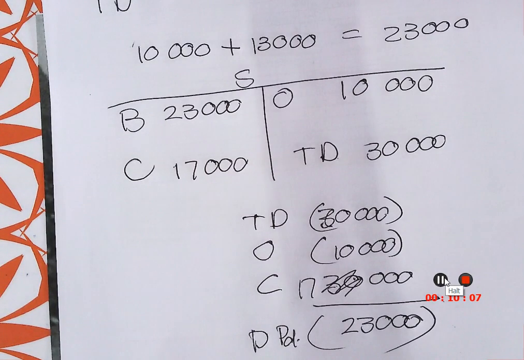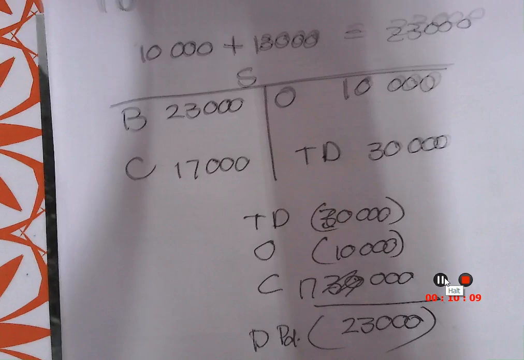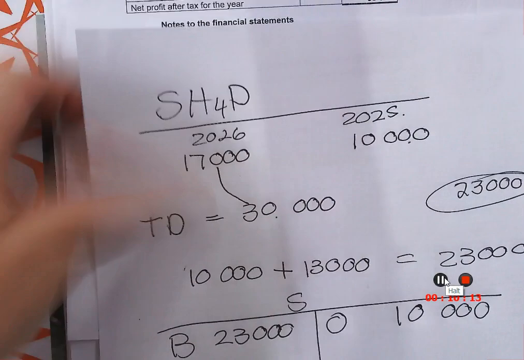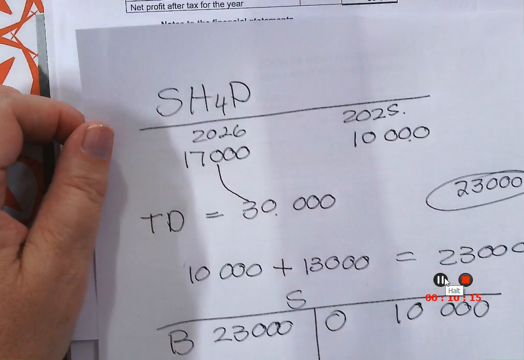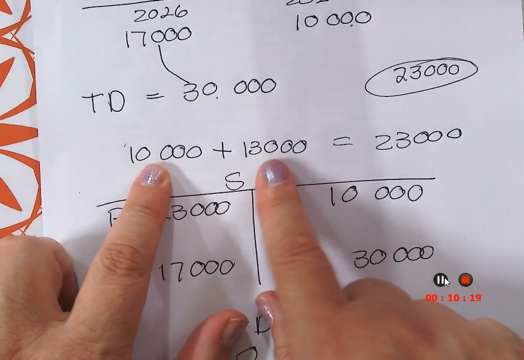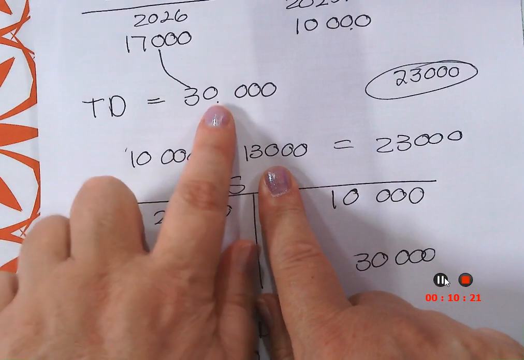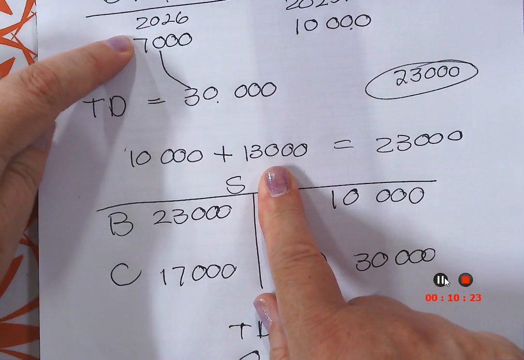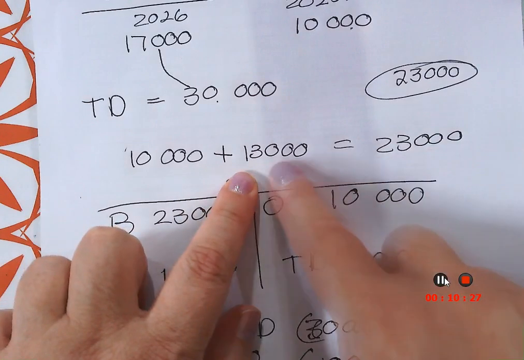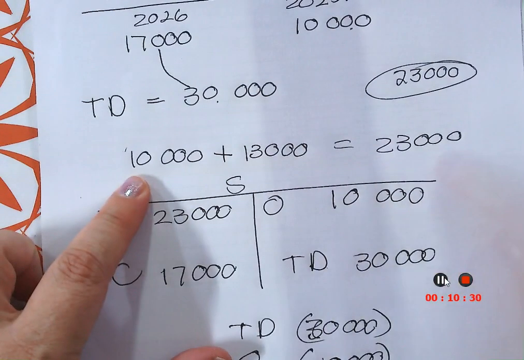Can we be quiet? So if I look at this, let's just review. The one method is the opening plus the interim. The interim I got by saying the total less the closing. That gives me 13. So in total, I paid 23.